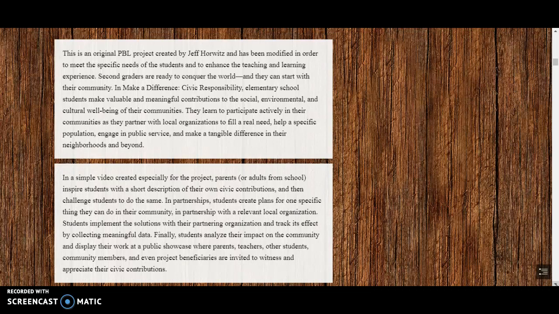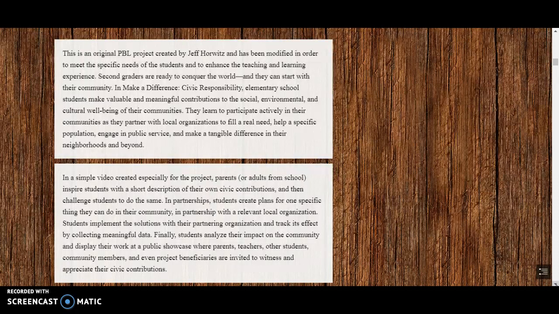This was an original PBL project created by Jeff Horowitz, and it was modified in order to meet the specific needs of the students and to enhance the teaching and learning experience. Second graders are ready to conquer the world, and they can start with their community.